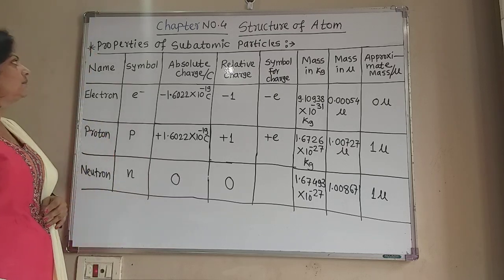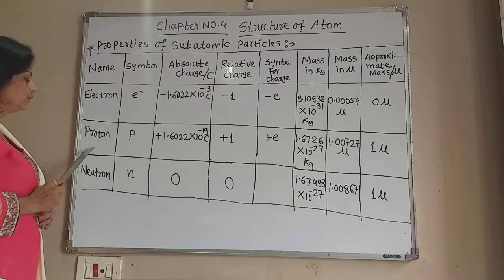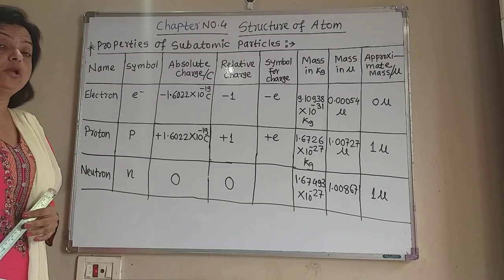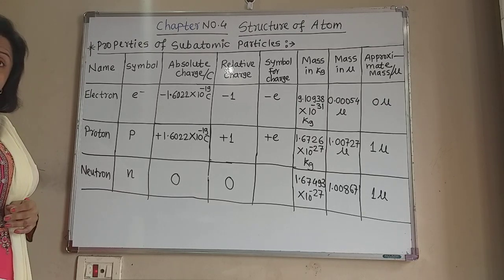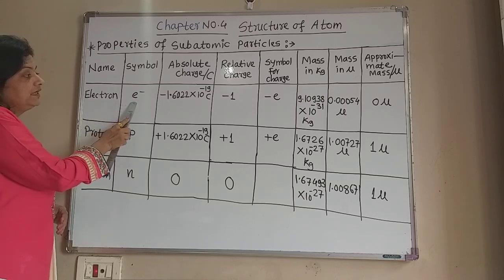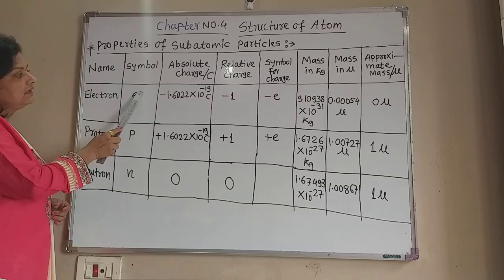Now see the properties of these three subatomic particles, electron, proton and neutron. Which are the symbols for denotation of these three particles? Electron is denoted by small e with a negative sign.